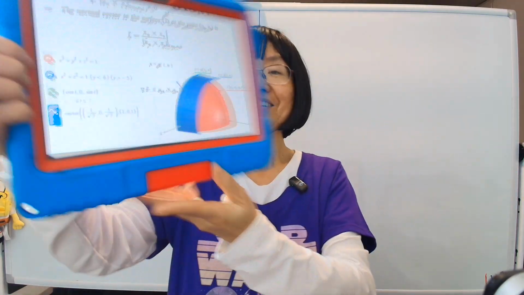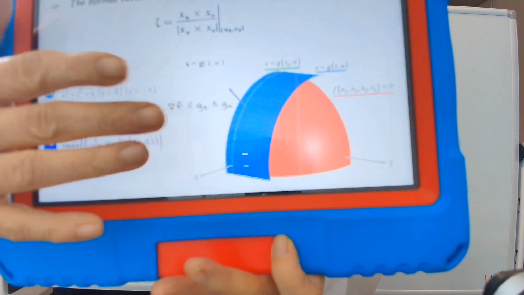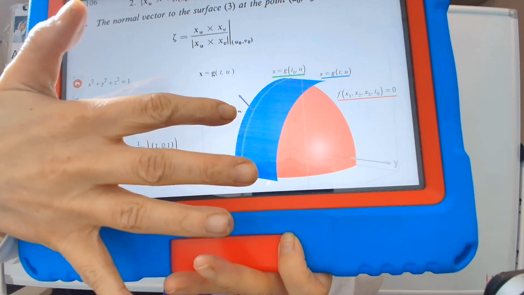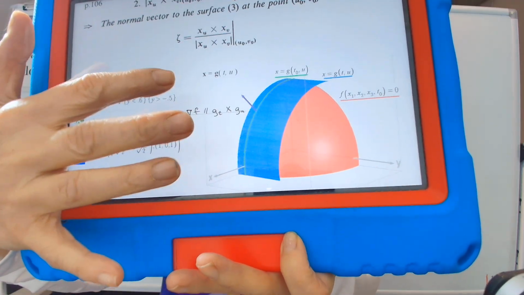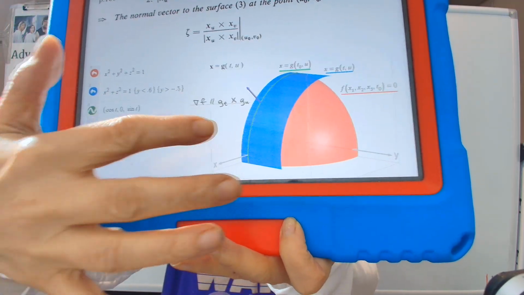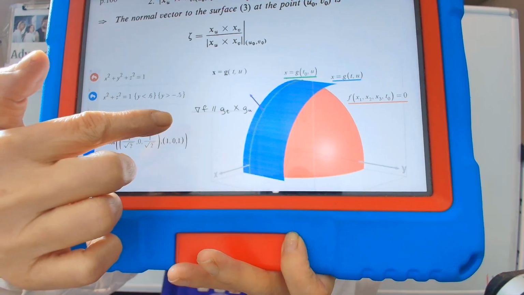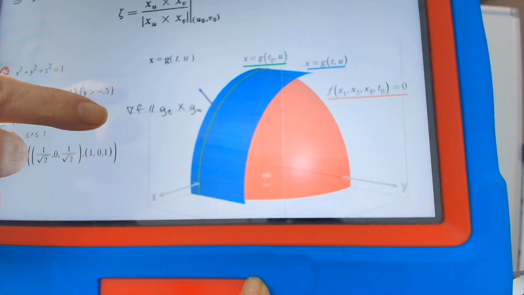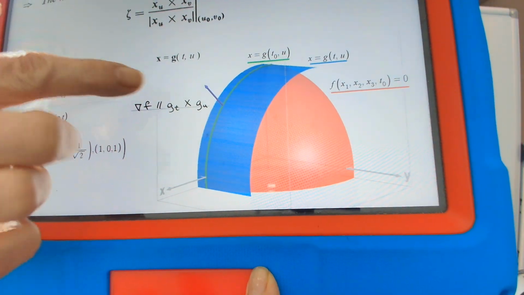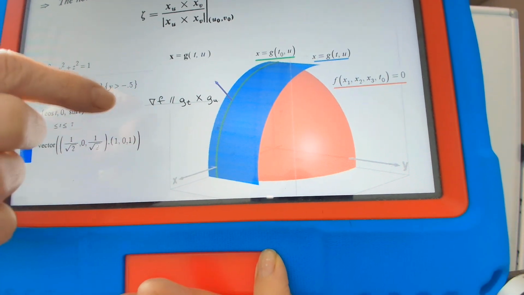Oh, I should show you that on my graph. I picked some point, where t and u give x equal to gt and u, and where f shares the same point, where grad f is this arrow right here. You see, and so is GT cross GU. They are pointing in the same direction.